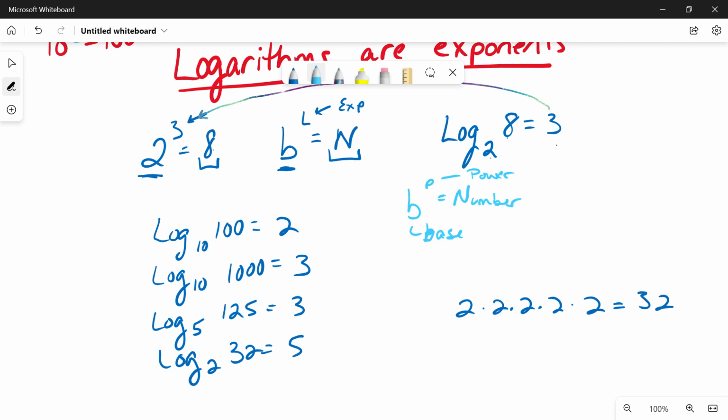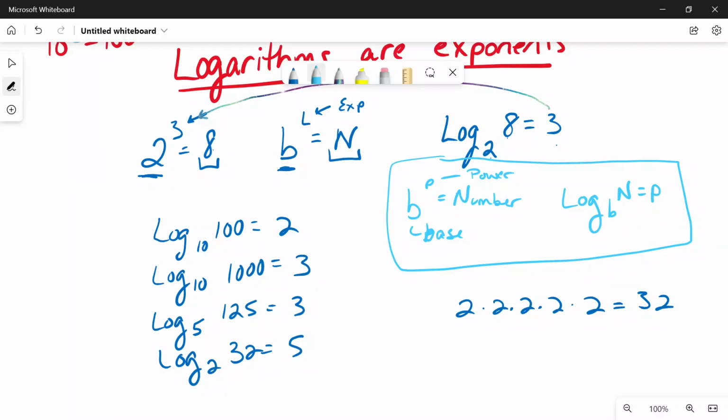All right, so I can look at log base b of some number equals p. Good. This is a good thing to remember. This right here and this right here are good to remember.